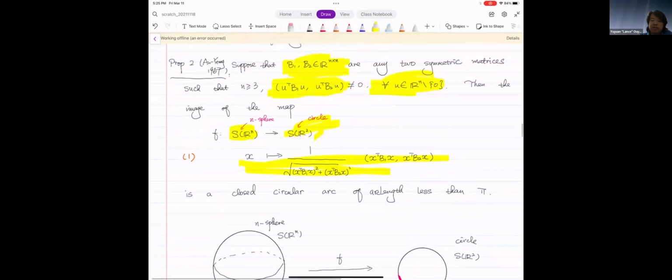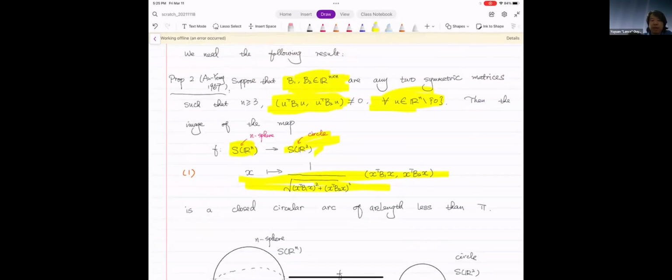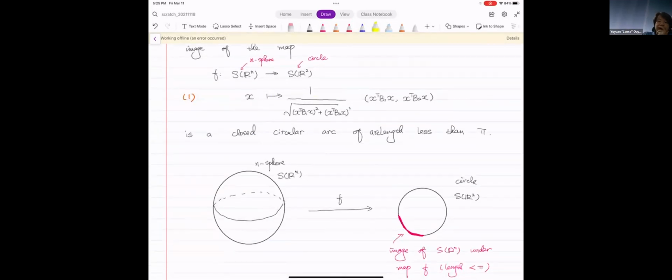So if this looks sophisticated, I'm going to give you an illustration. Hopefully, the illustration is going to make it much clearer. So for any B1 and B2 that satisfy the assumption I mentioned, there exists this map. The assumption makes sure that the denominator is non-zero. So how does it work?